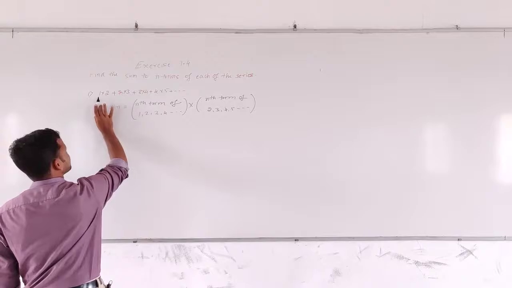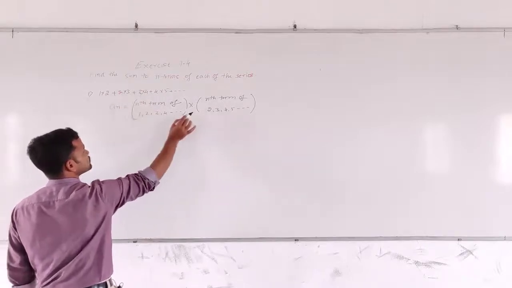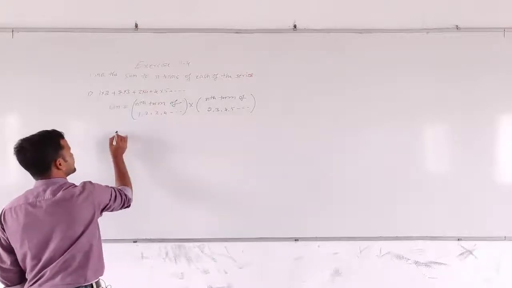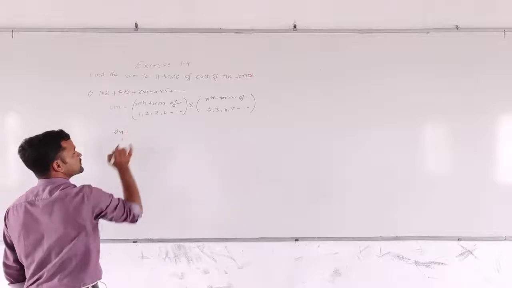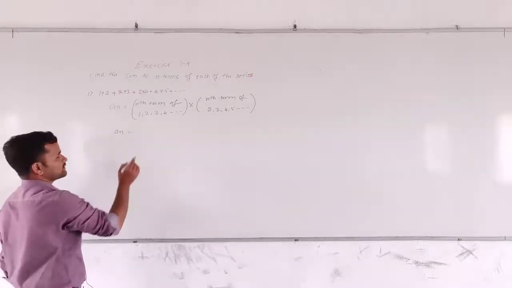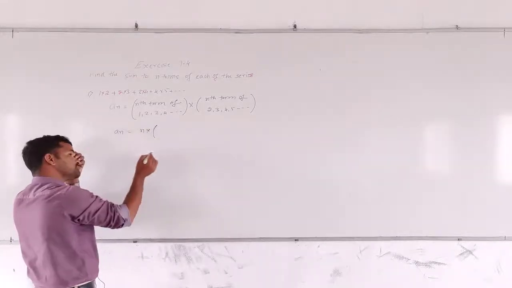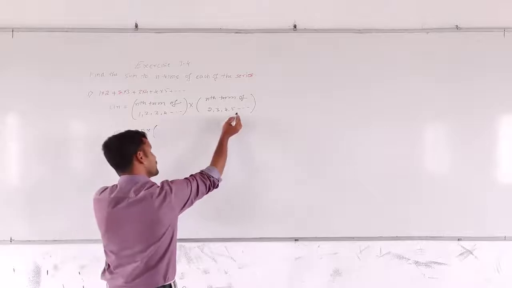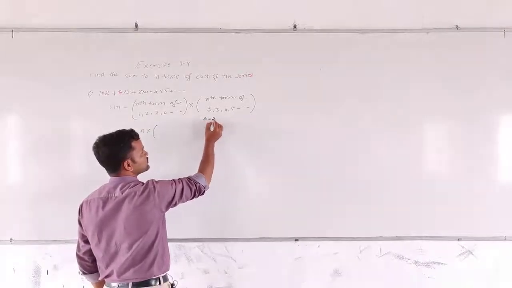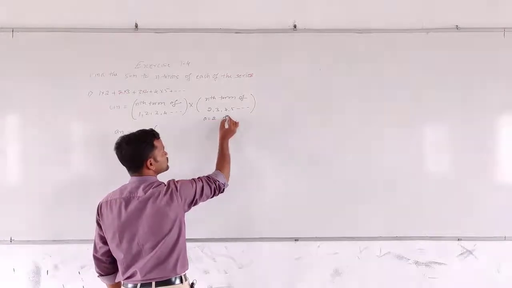I am taking the nth term of the first terms 1, 2, 3, 4 and multiplying it with the nth term of the second one. What is the nth term of 1, 2, 3? It will be n only. Directly I can write. And the second one, 2, 3, 4, 5, these are in arithmetic progression with a equal to 2, number of terms n, and common difference d equal to 1.